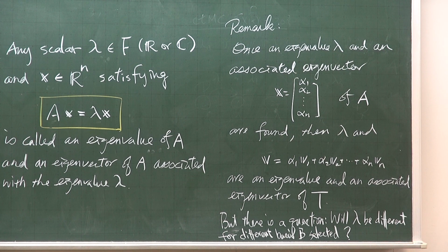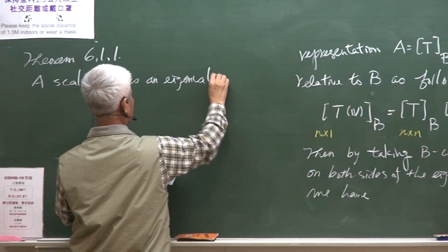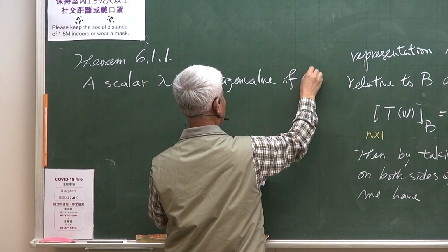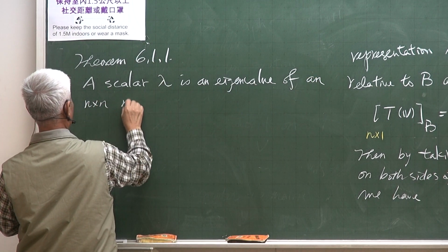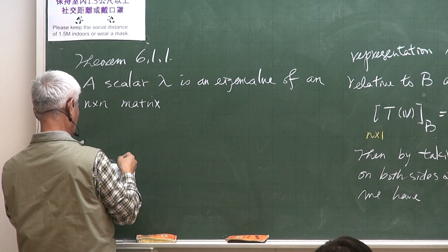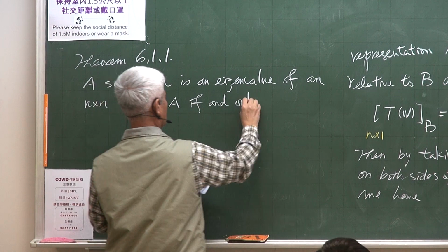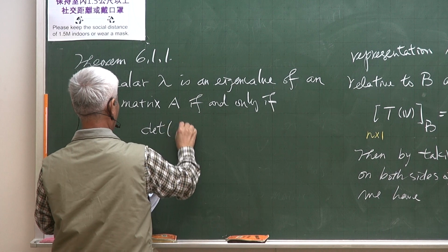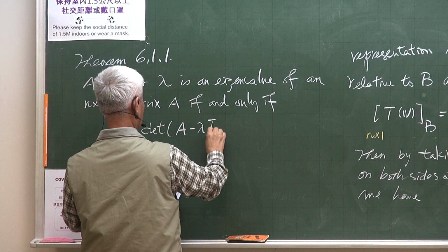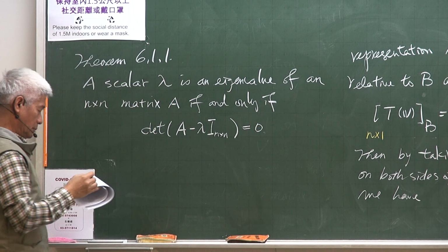A scalar lambda is an eigenvalue of an n times n matrix A if and only if the determinant of A minus lambda I equals 0.